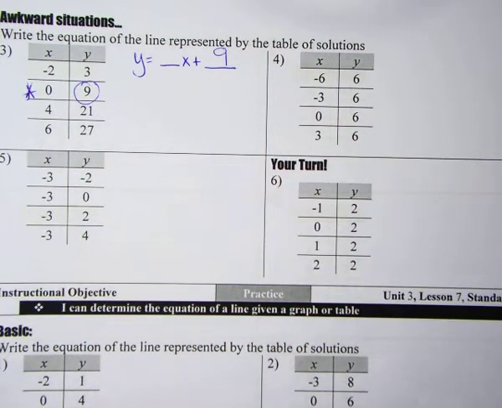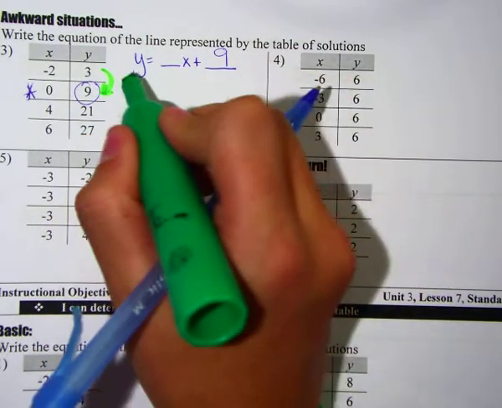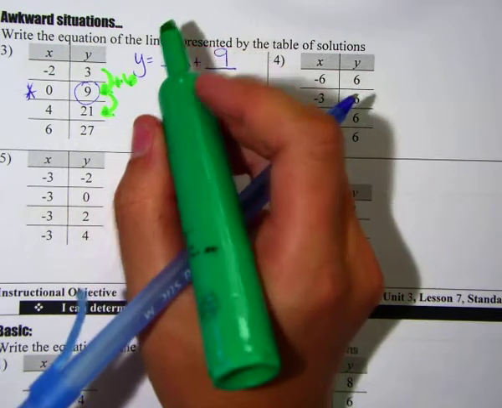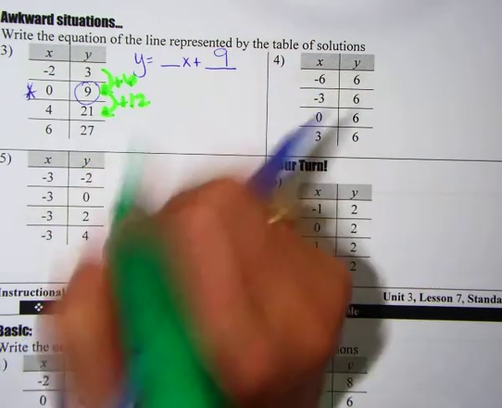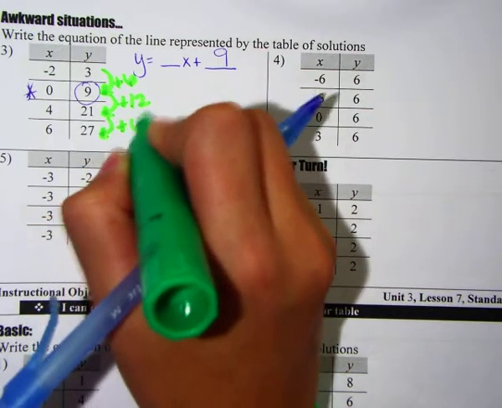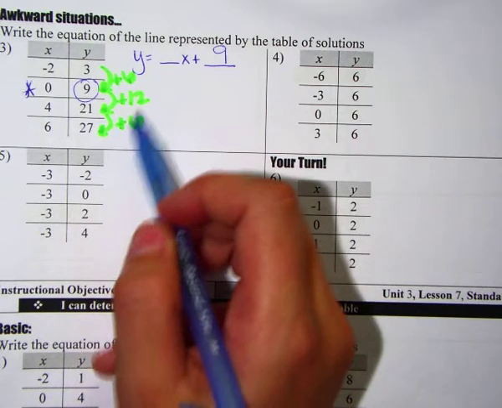Now let's look at my slope. The change in the y values is plus 6, then plus 12, then plus 6 again. So it's changing by different amounts. It went up 6, then up 12, and then up 6.